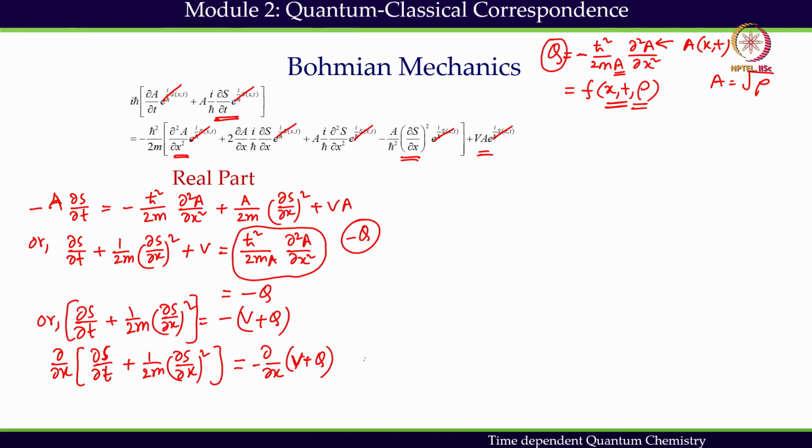So, from here we get this partial derivative, plus 1 by m, this is going to be dS.